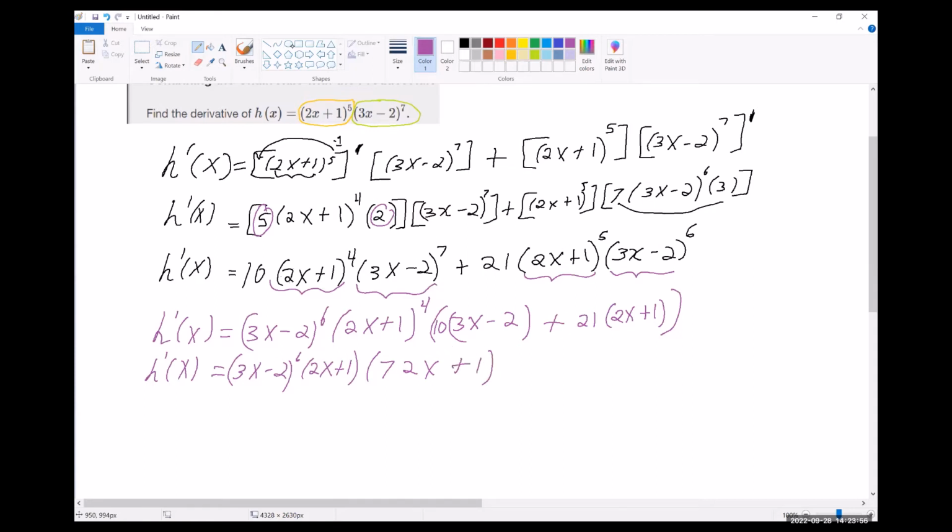So that's the answer I'm getting. It is worth looking in the textbook to check it, but I'm gonna just go ahead and leave it that way. And hope that at least the process makes sense, but I'm almost certain that that's the right answer.